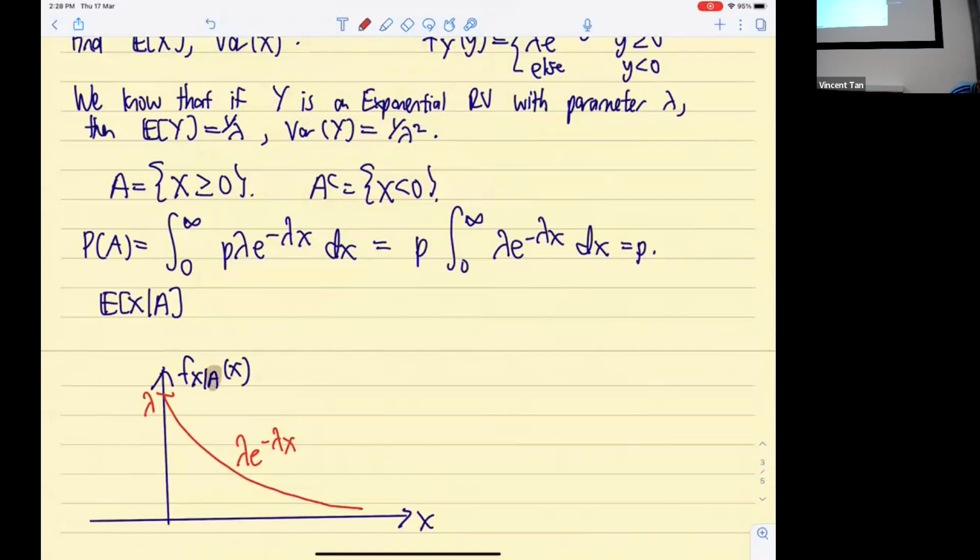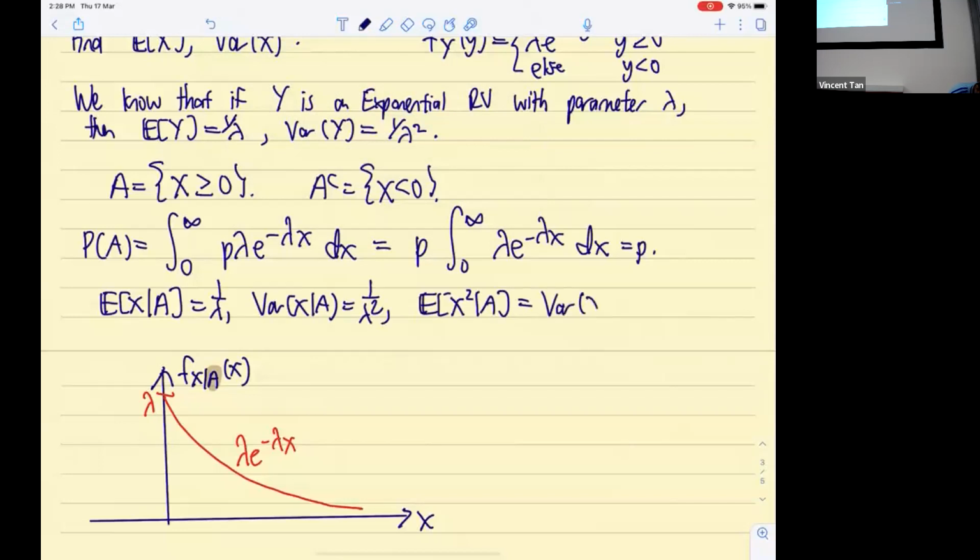So we know its expectation and variance very well: the expectation is 1 over lambda, and the variance of x conditioned on A is equal to 1 over lambda squared. So the second moment, which is the variance of x given A plus the expectation value of x given A quantity squared, must be 2 over lambda squared.